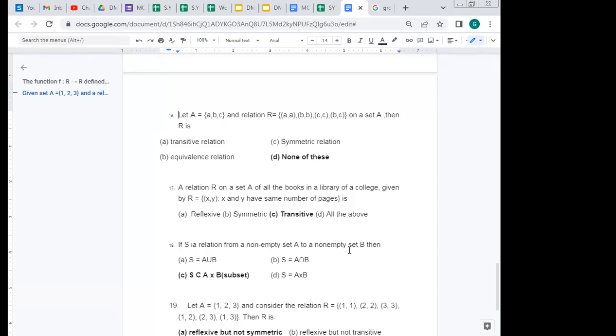So what type of relation will it be? What type of relation will that be? Just don't tell me transitive because it is given in bold type. You have to give the answer for that.